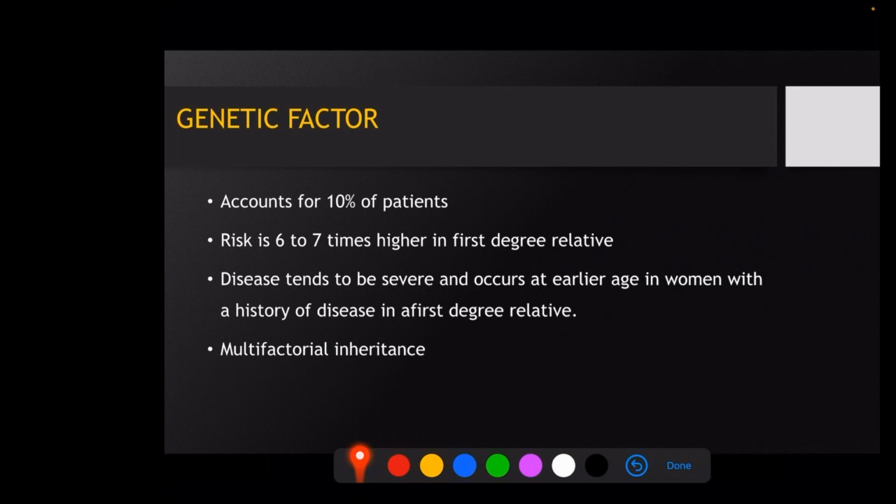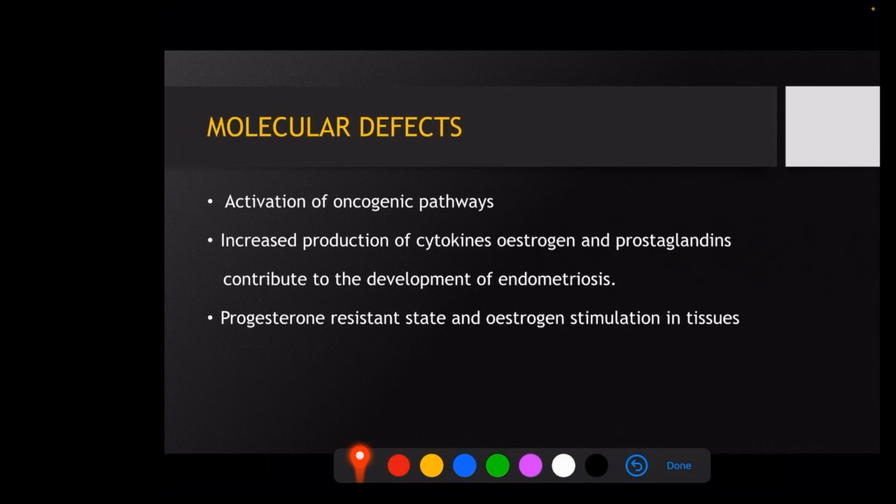Then the molecular defect, it is hormone dependent. Biologically important molecular abnormalities like activation of oncogenic pathways and biosynthetic cascades cause increased production of cytokines, estrogen, and prostaglandin. They contribute to the development of endometriosis.